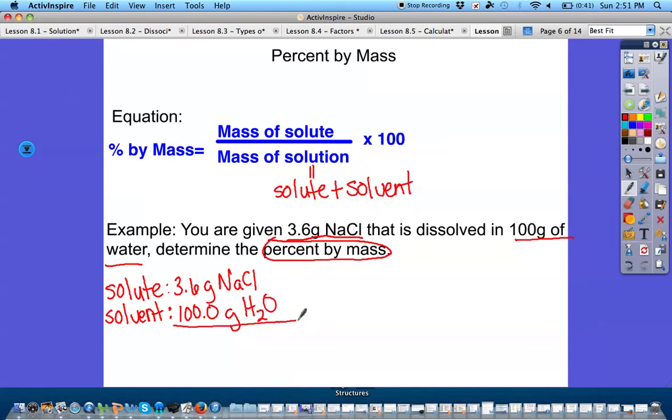So we're going to add these together to get our total amount of solution. It's going to be 103.6 grams. So now we can take our equation and start plugging things in.